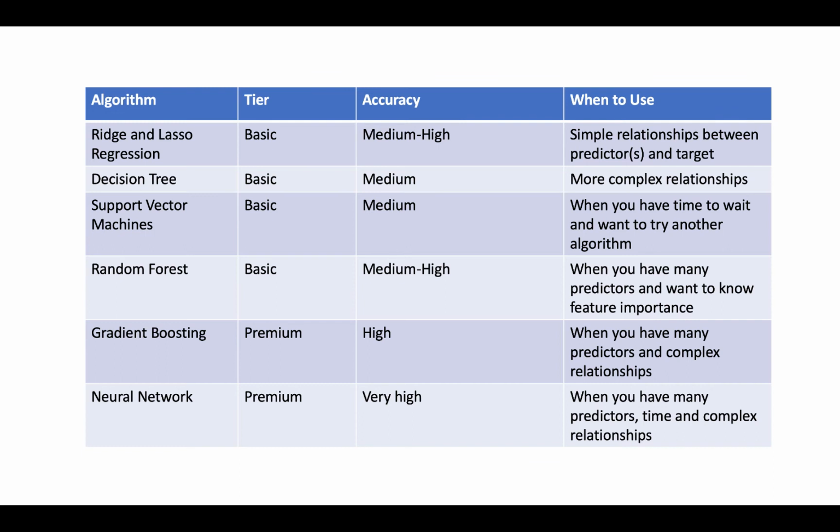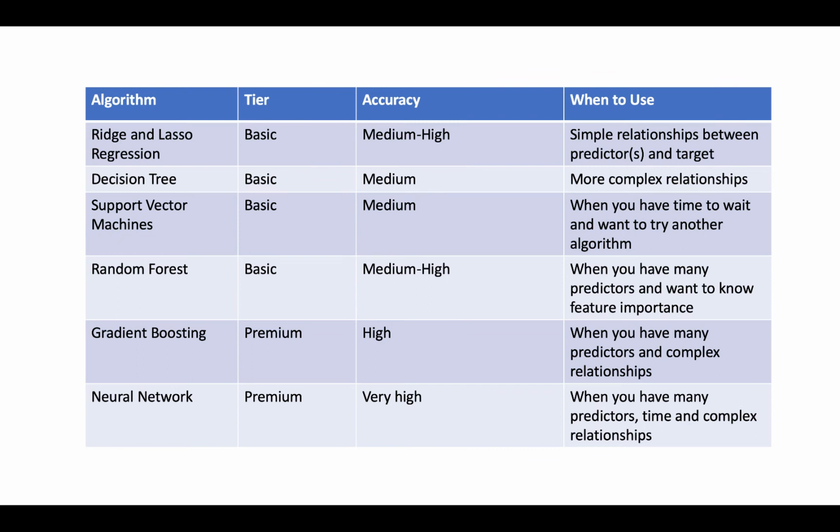Now, that's all the basic tier algorithms, and that honestly is a good set of algorithms to get started with. We wanted to give everybody a really good starting place, whether they're just choosing a free, one prediction per day model versus the basic membership versus the premium membership.